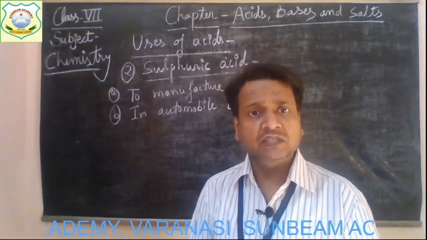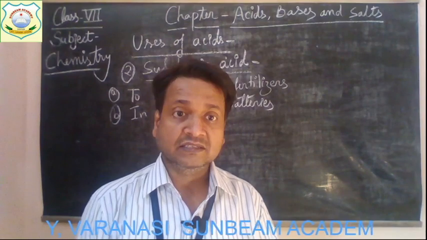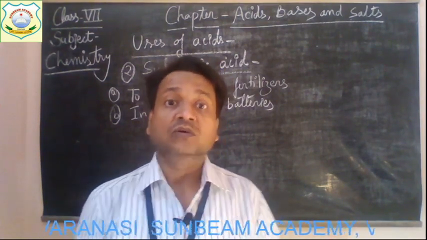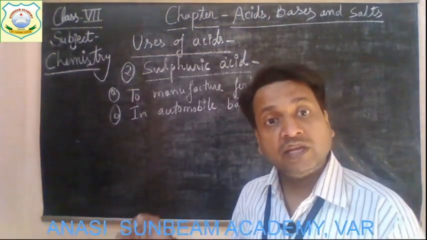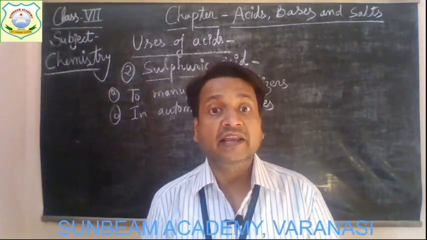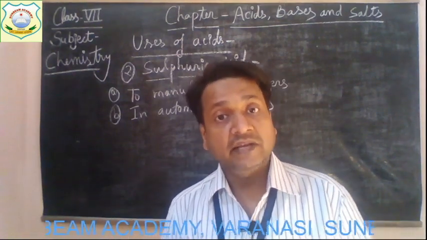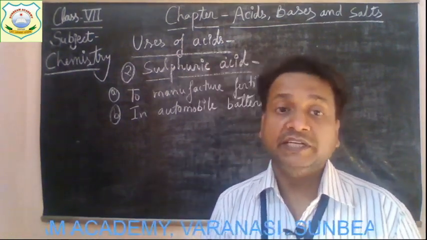Children, you must have seen the batteries used in different vehicles. In those batteries, sulfuric acid is present, which is used to generate the electric current. Now, the next one is to manufacture detergents.